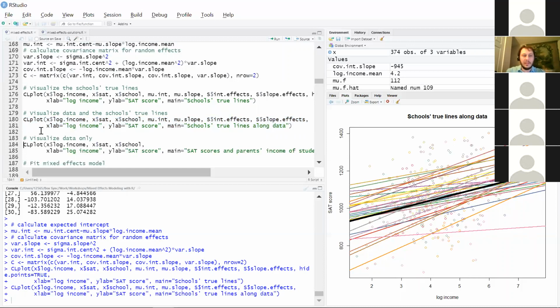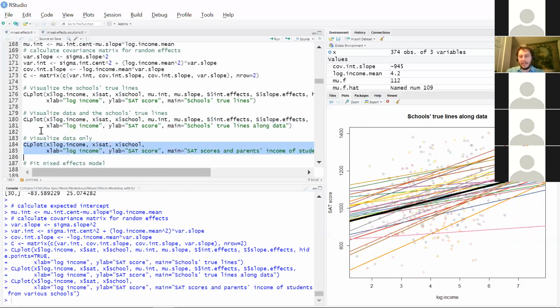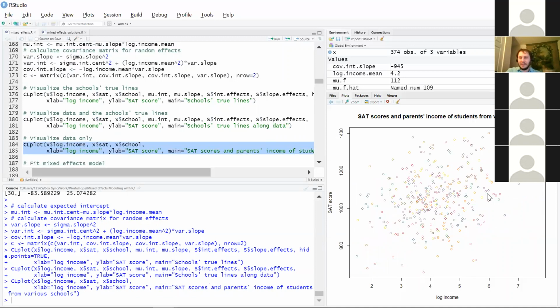Let's just see the data only. In reality, this is what you see. You don't see any of the true lines. You see a big scatter plot of points, and you can color them by school. Honestly, if I saw this data set, I would think there's almost no relationship.